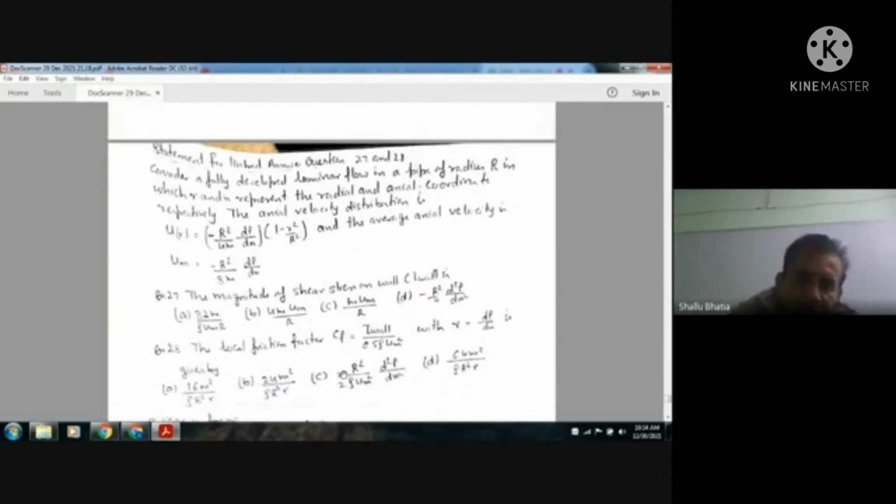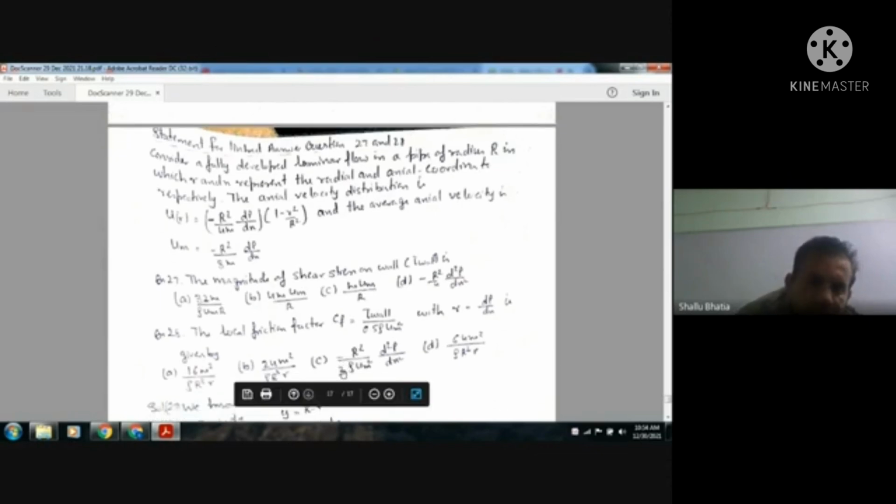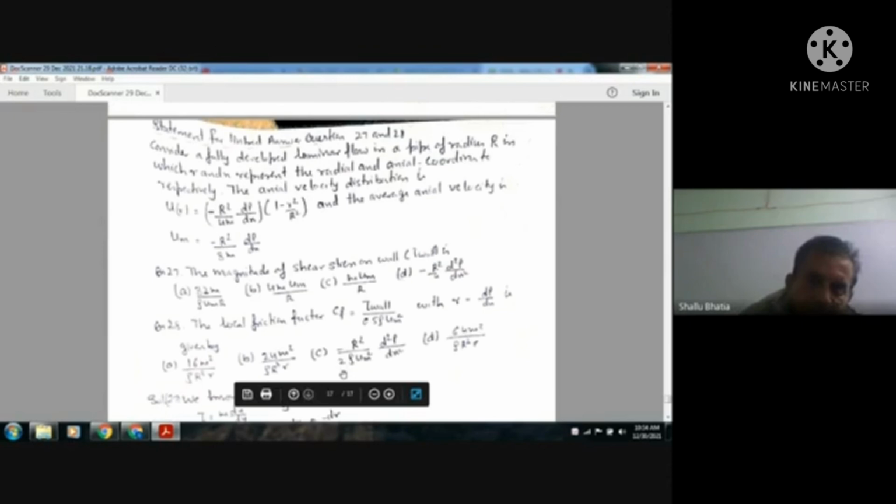Consider a fully developed laminar flow in a pipe of radius R, in which r and x represent the radial and axial coordinates respectively. The axial velocity distribution is u equals minus R square divided by 4 mu dp by dx, bracket 1 minus r square by capital R square, and the average axial velocity is um equals minus R square by 8 mu dp by dx.